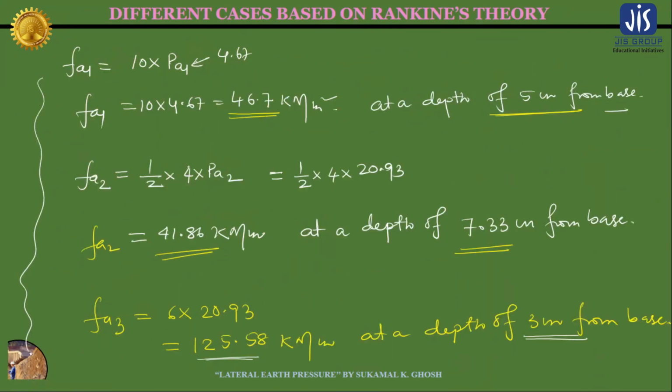So the first one, Fa1, equals 10 into 4.67, where 10 is the height and 4.67 was the base of this pressure distribution diagram, and then you will have 46.7 kilonewton per meter. In this way we also calculated Fa2, Fa3 and the depth at which they are acting.